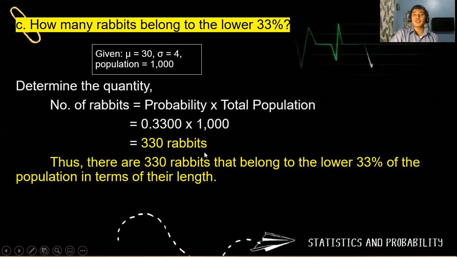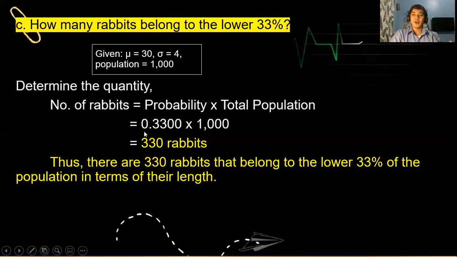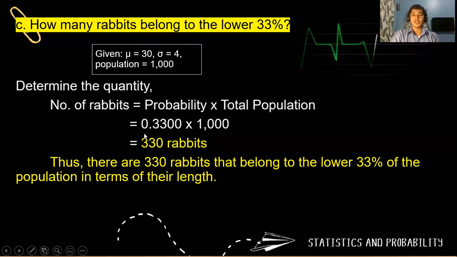If you want to determine the quantity of rabbits or a quantity from a given total population, you simply multiply it by the probability which is obtained from the areas under the normal curve. So it is very important that we know how to transform a raw score into a standard score. And from the standard score, it will give us an area under the normal curve.